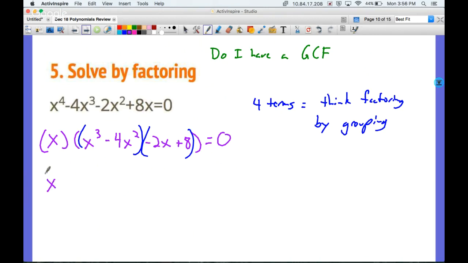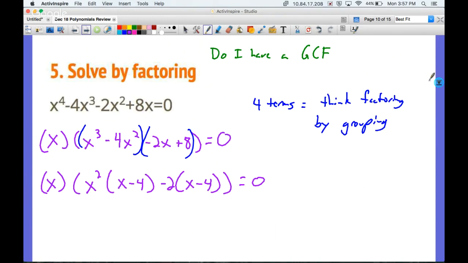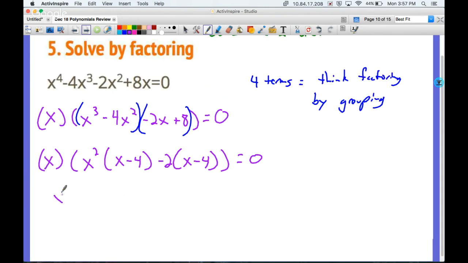So now I've got x. I can pull an x squared out of this, leaving behind an x minus 4. I can pull a negative 2 out of this, leaving behind an x minus 4. And now I rearrange into the different factors.